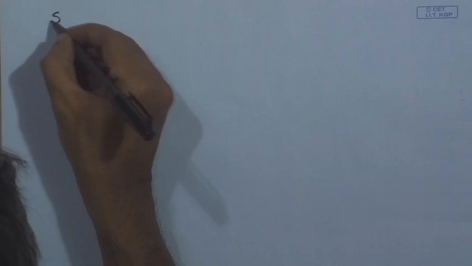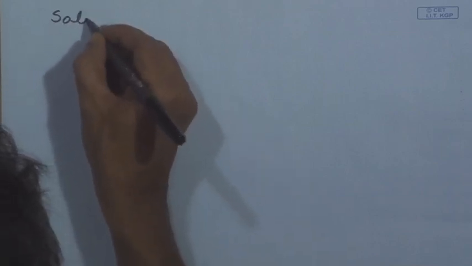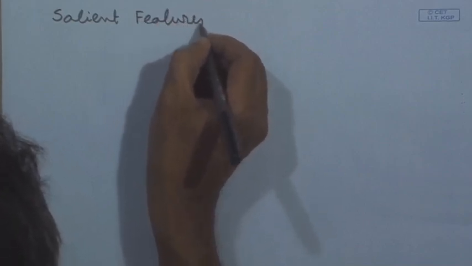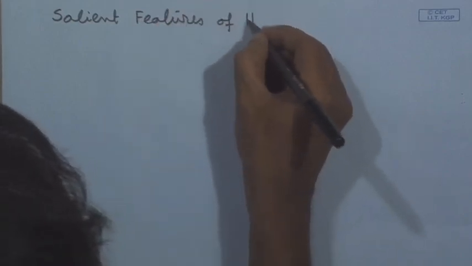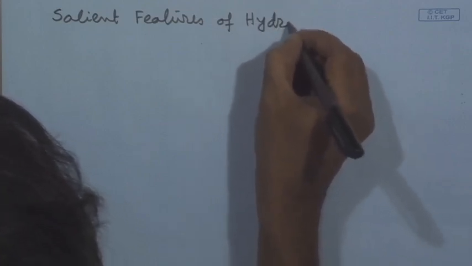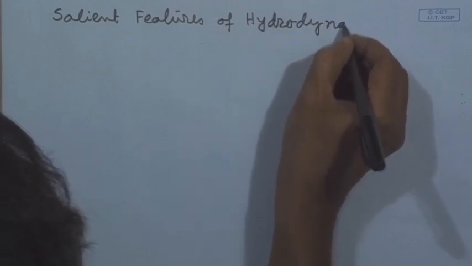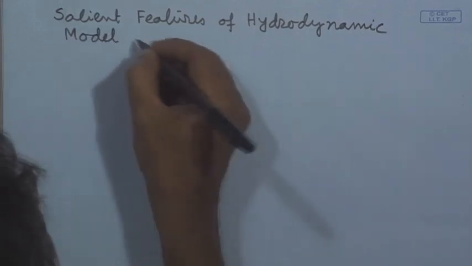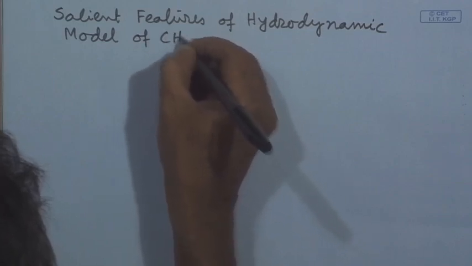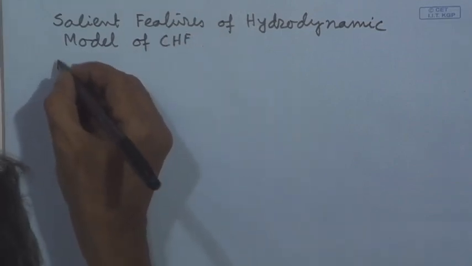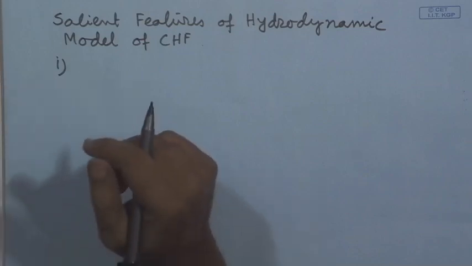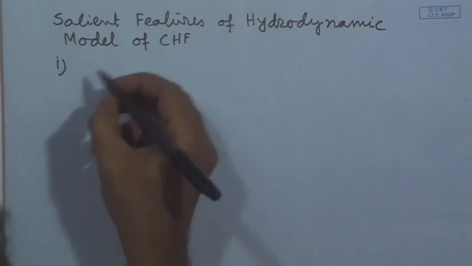Let us see what these features are. First, the critical heat flux is obtained when the surface of the vapor jet becomes Helmholtz unstable.